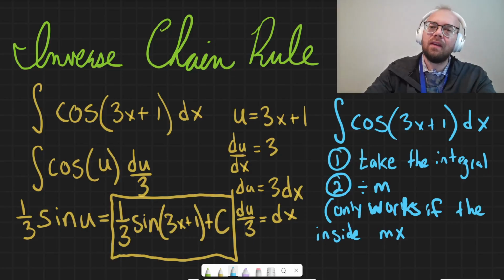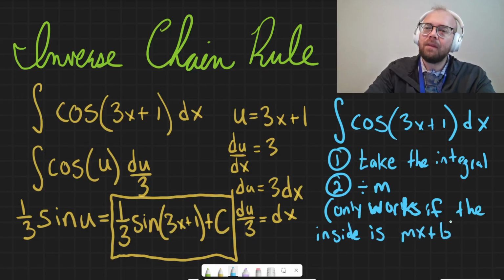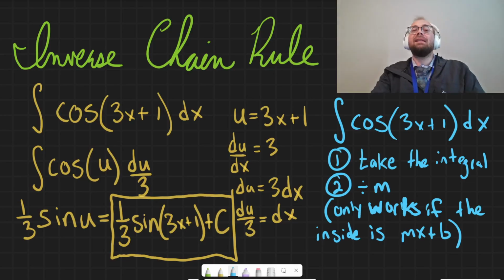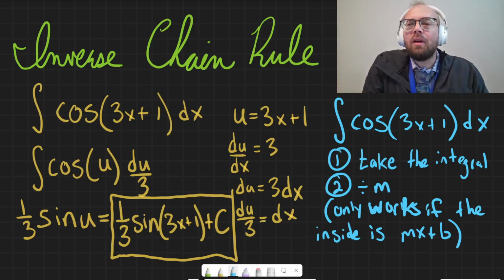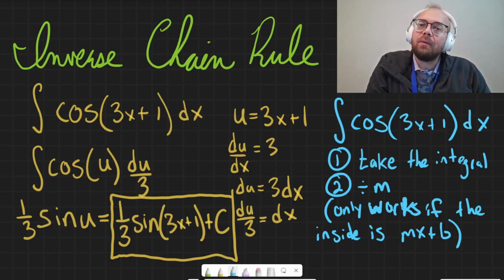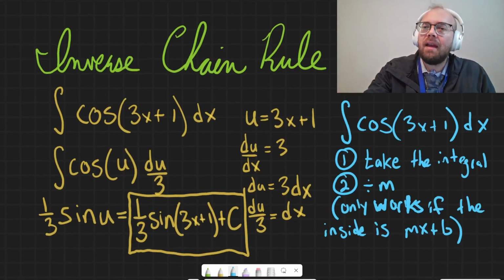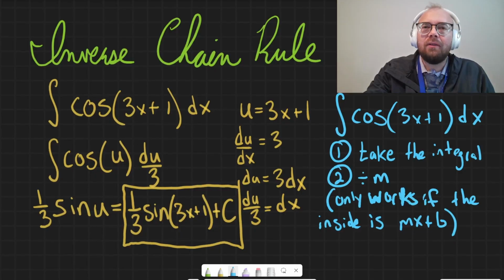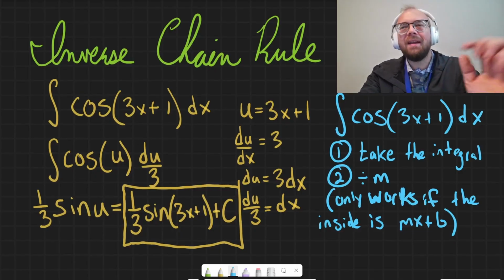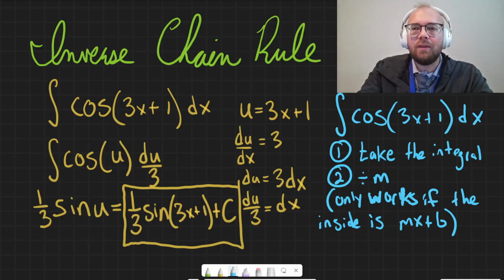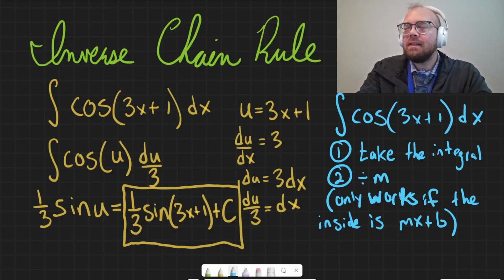So it could be less complicated than that, but it can't be more complicated than that. For instance, if it had just said 3x instead of 3x plus 1, that would have been fine. And if it was the cosine of a constant, that would be a totally different story. But if it was just 3x or 1/2 x or something like that, that would all be fine.